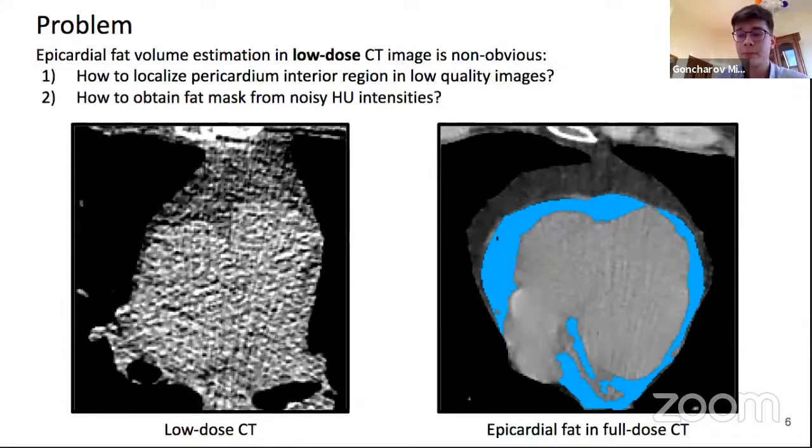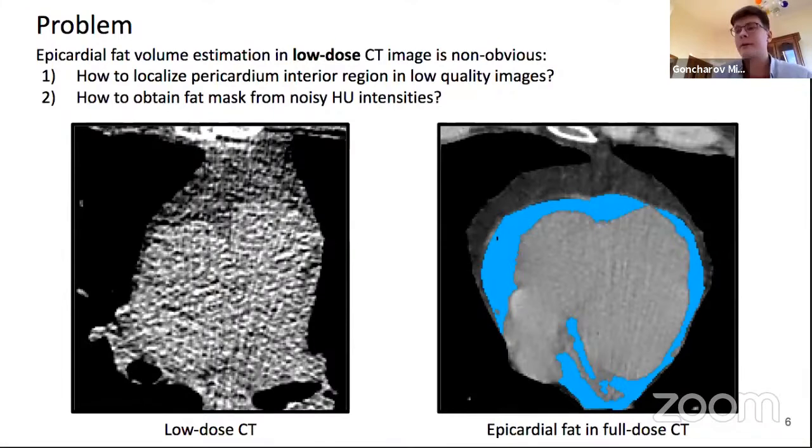And now we see that for epicardial fat volume estimation, there are 2 questions. First is how to localize pericardium interior region in such a low quality image. And the second question is how to obtain a fat mask within pericardium from such noisy Hounsfield units.